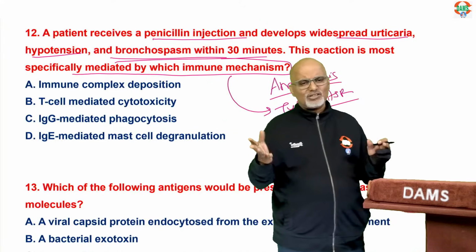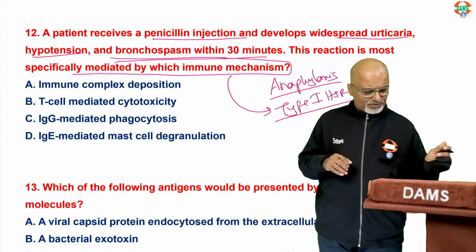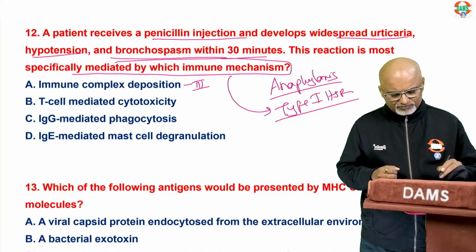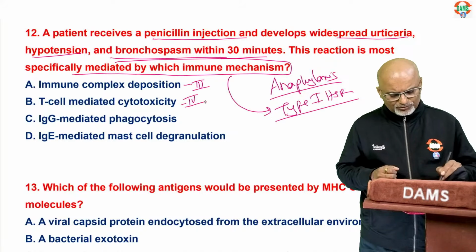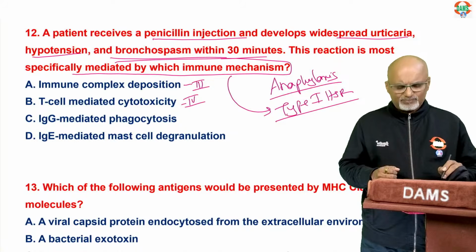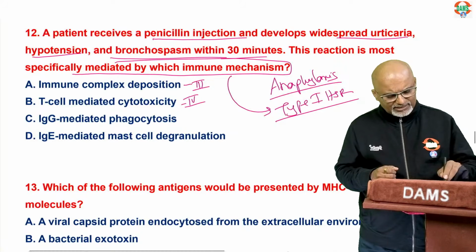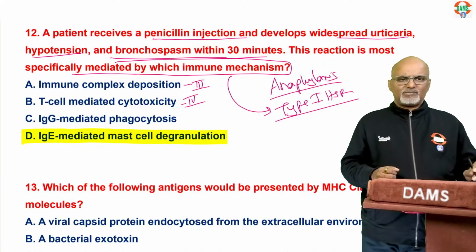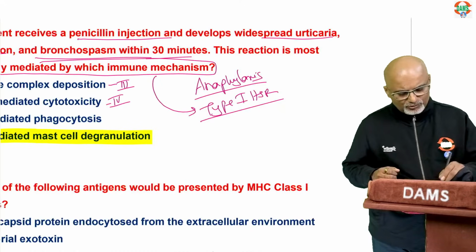Those mediators cause allergy or anaphylaxis. Make it very simple. Immune complex deposition is type 3, T cell mediated is type 4, and IgE mediated mast cell degranulation is type 1. What is the mnemonic? You remember the mnemonic? ACID.